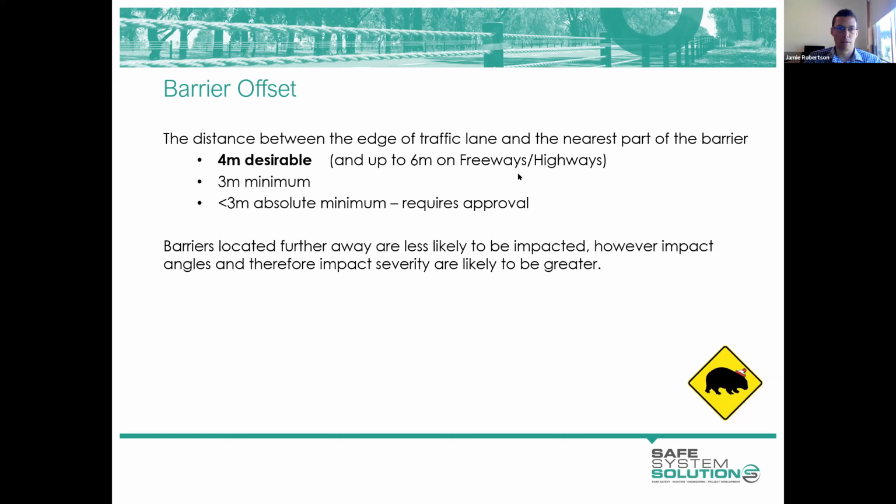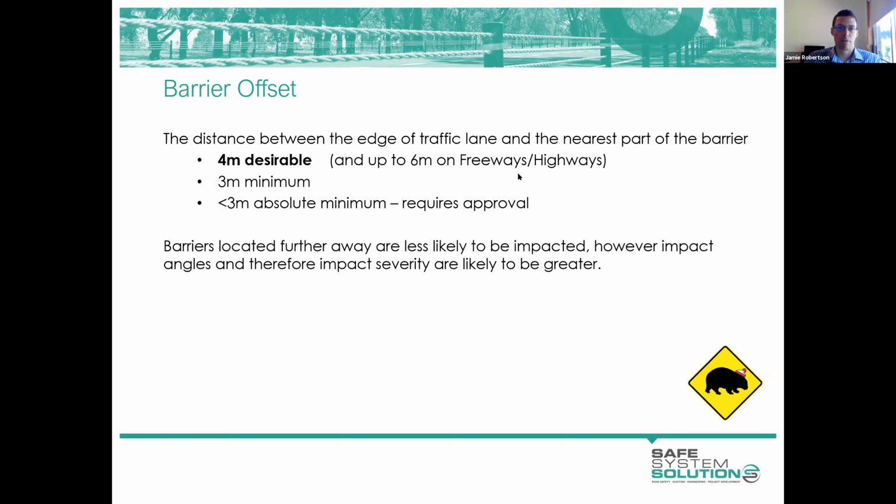So look, 4 metres is good, and you'll notice there's a comment up to 6 metres on freeways and highways. Certainly that's a Victorian practice, and the 6 metres recognises that there are often longitudinal services located near the edge of shoulder at around that 4 metre mark.